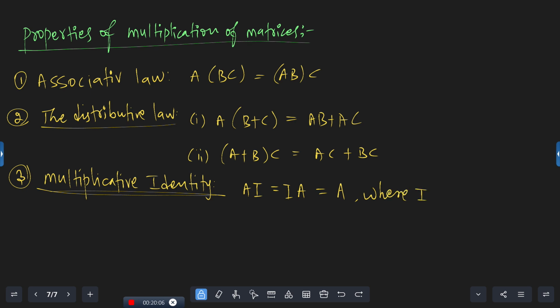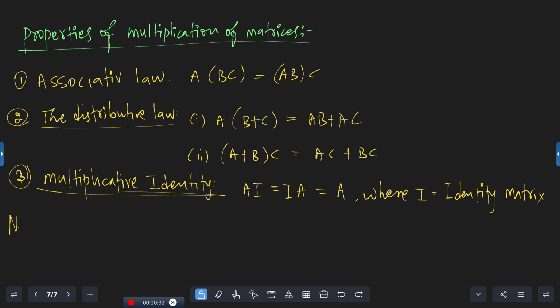I told you when I gave the introduction to types of matrices, I explained what I is. I means the identity matrix. Okay, that's it. So these three are very important.